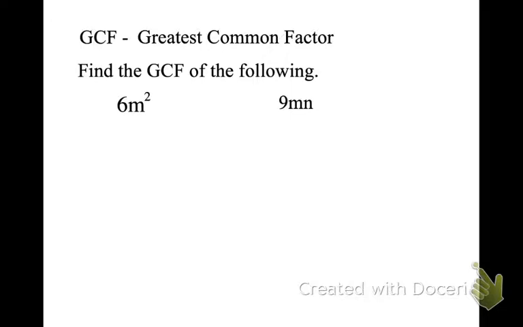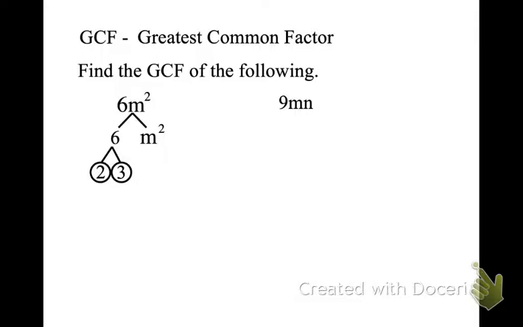So let's just first look at how we break down the numbers. Remember, when we have a variable term, you always separate number and variable. Okay, so 6 times m squared. 6 breaks down to 2 times 3. We're done. We can't break it down anymore. Those are prime numbers.